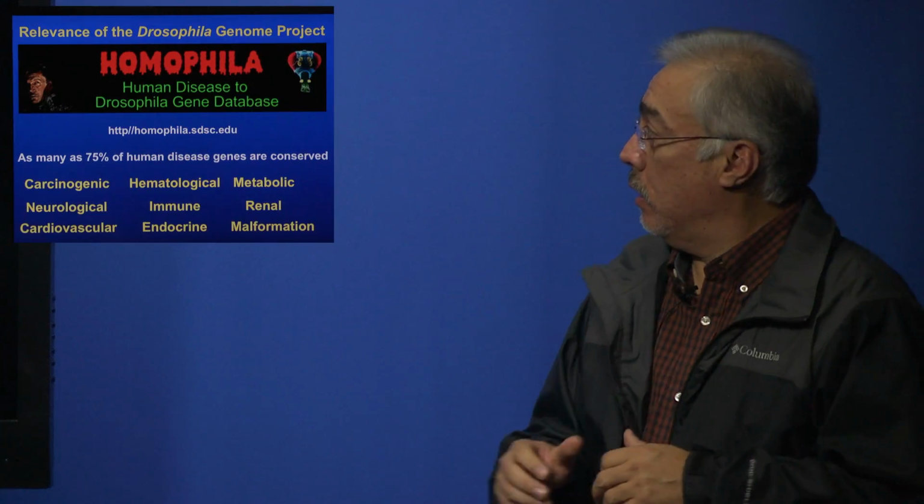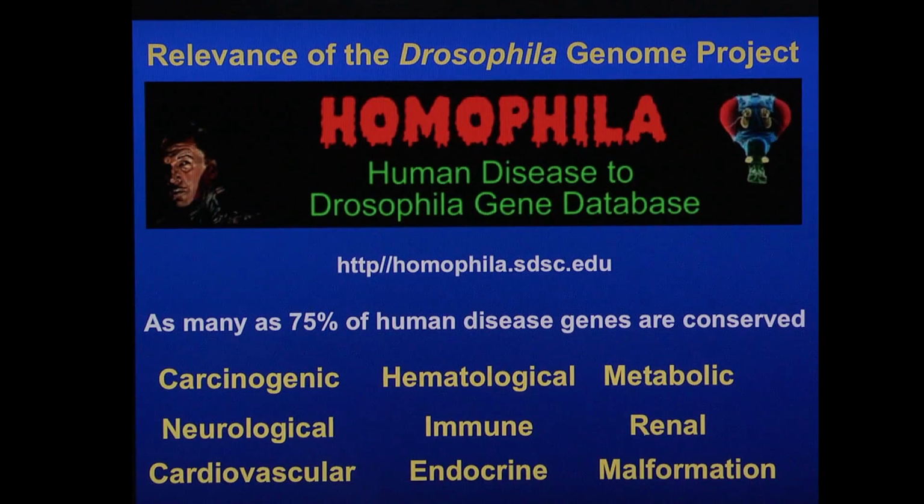This is an example of a web page known as Homophila. Basically, what this web page shows is that almost 75% of the genes that are associated with human diseases are also present in the fly, 75%, which is highly remarkable.